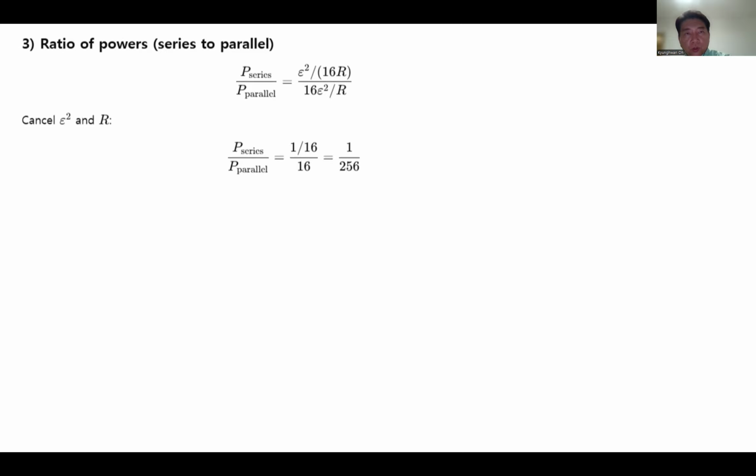So the ratio of power is given by this one, so series over parallel is 1 over 256. That means the series connection of the resistance will have a lower power than the parallel configuration.